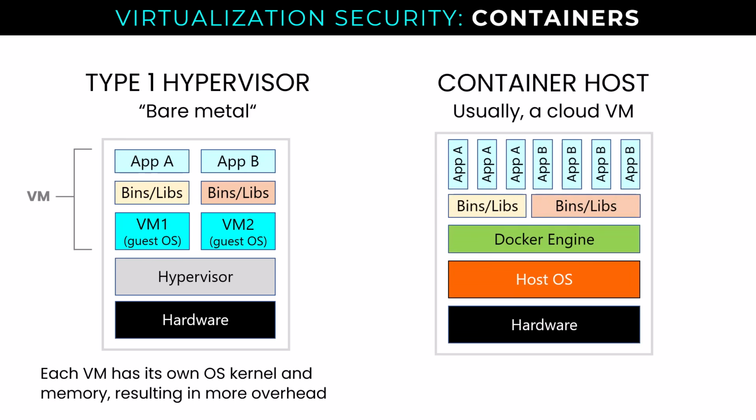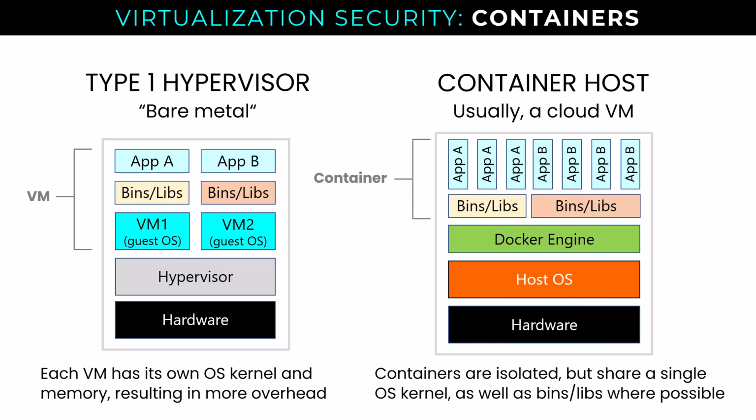And when we look at a container host, which is generally itself a virtual machine, you'll see that the container has its binaries, its libraries, its applications, and those containers are sharing a single operating system. So they're sitting on a single host OS. That's the real difference. Each VM has its own OS kernel and memory, so the overhead is greater. Containers are isolated, but they share a single OS kernel as well as binaries and libraries where they can.